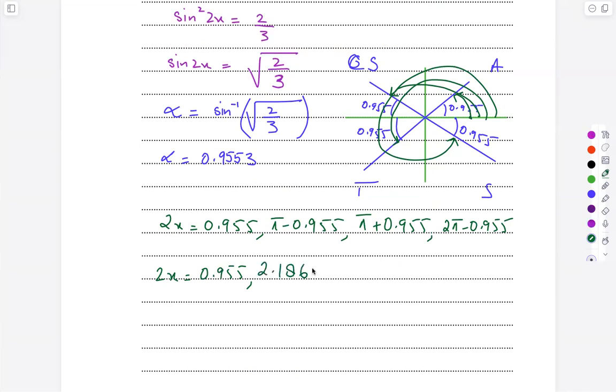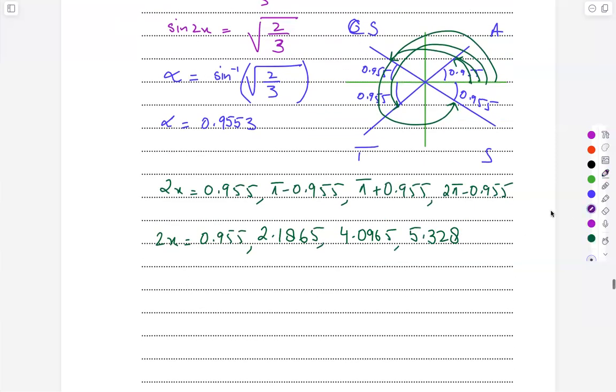We'll write it till the third or fourth decimal place and then round off the final answers. Then pi plus 0.955 will be equal to 4.0965. And 2 pi minus 0.955 will be equal to 5.328. So these are the values of 2x. To find the value of x, we'll divide each of these values by 2.